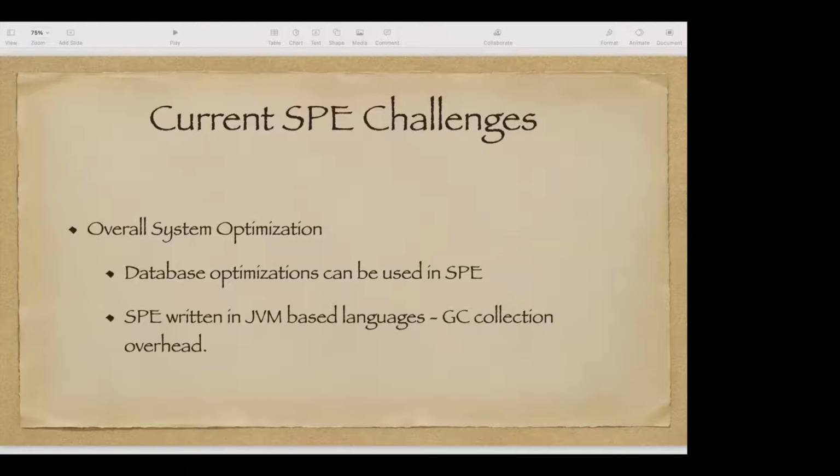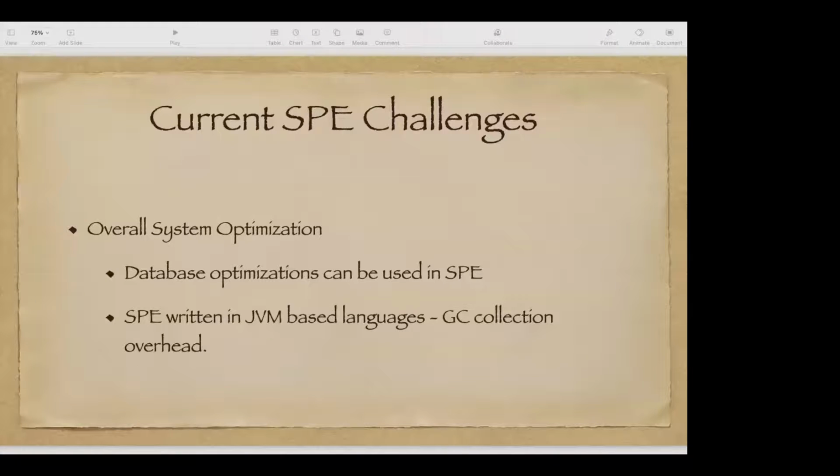The paper proposes that we can start doing that because the operators in a stream processing engine are very similar or comparable to SQL operators. Also, many current stream processing engines are written in JVM based languages such as Scala or Java, so they have some GC overhead as well.